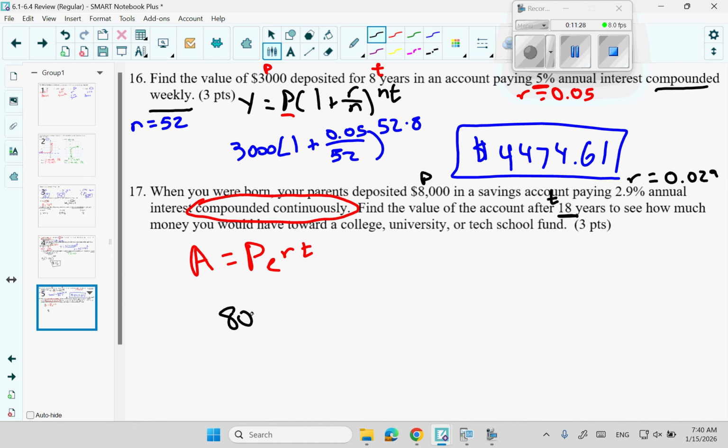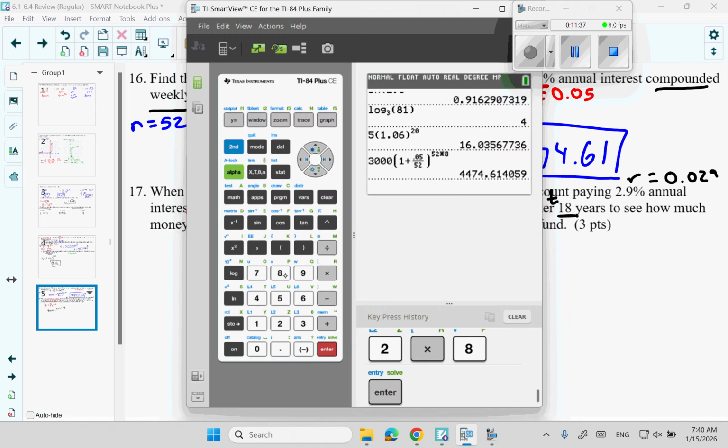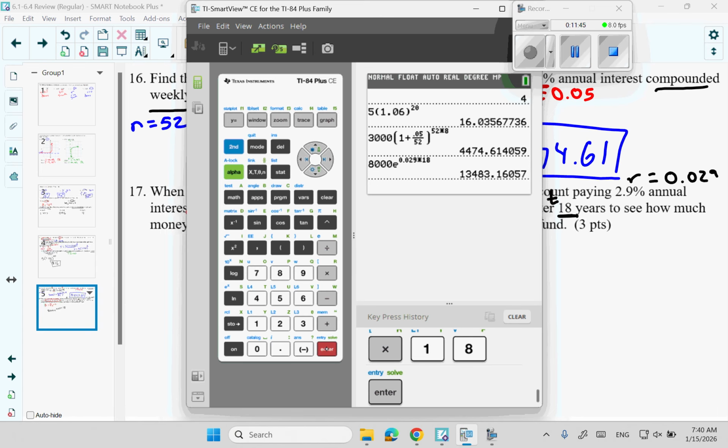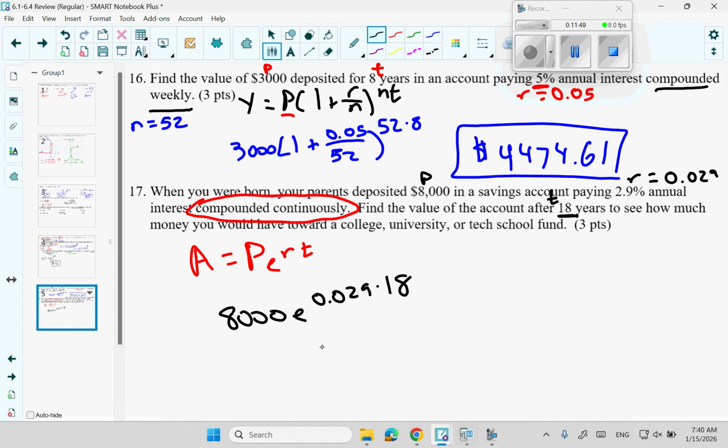So 8,000 e to the 0.029 times 18. Type all that right into my calculator. So we get $13,483.16.